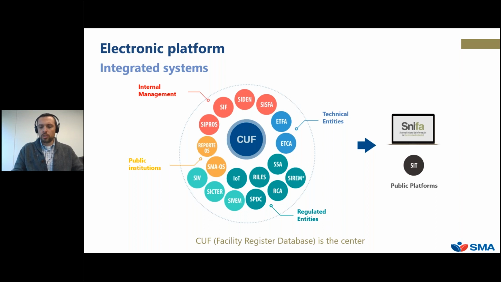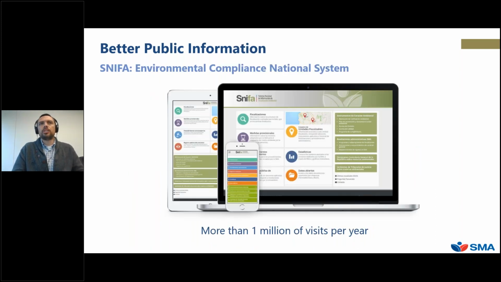Part of this information is shared in our environmental compliance national system. It's public information. We call it SNIFA. We have more than 1 million visits per year. There you can find information about our procedures, enforcement cases, sanction penalties, and also all the reporting from regulated entities, including data and reports.